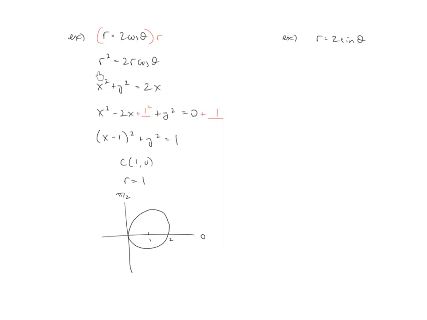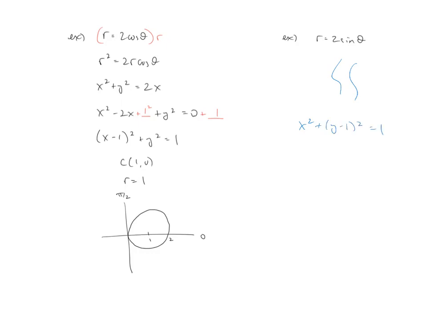So hopefully you won't have to go through this process every time. You'll just be able to see, okay, cosine means x, so x-axis, and 2 is the diameter, so there sits our circle. Keeping that in mind, when we look at this next example, we could do all of that same stuff, and it would work out to where you'd get x squared plus y minus 1 squared equals 1.